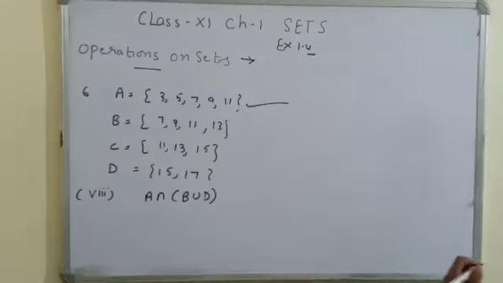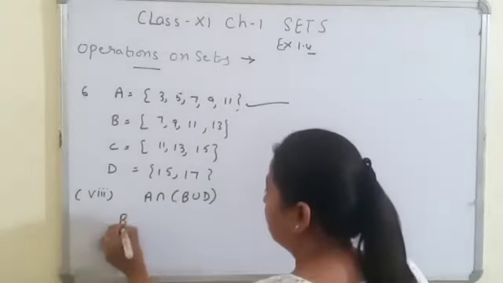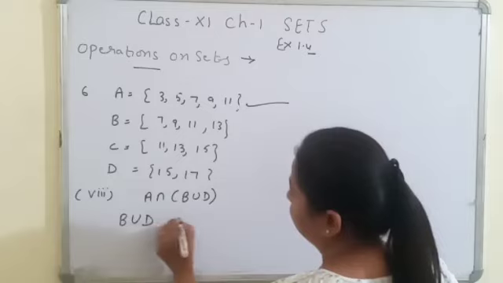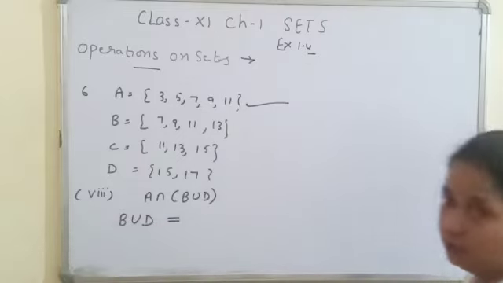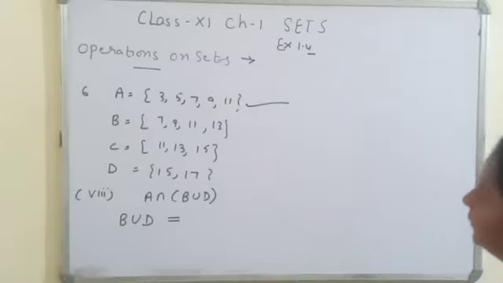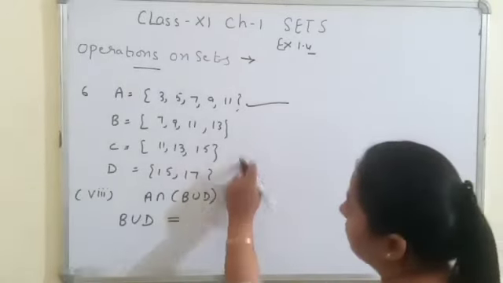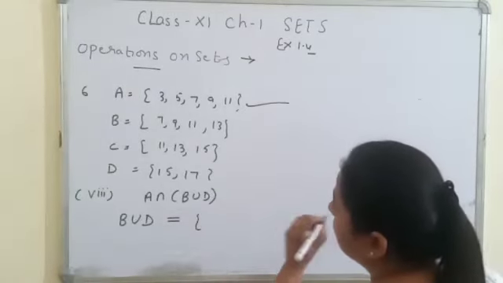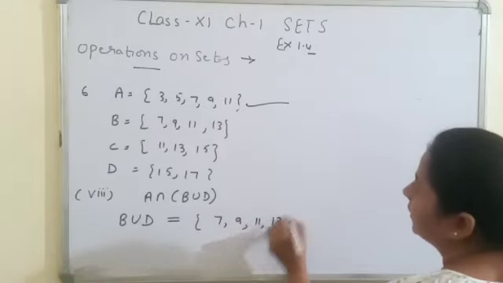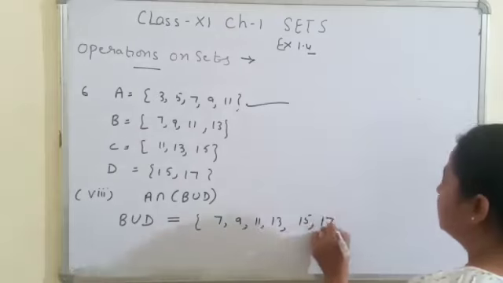Now find the B union D first. By the BODMAS rule, firstly we will solve the bracket. B union D: now find all the elements of B and D. Write down 7, 9, 11, 13, 15, 17.